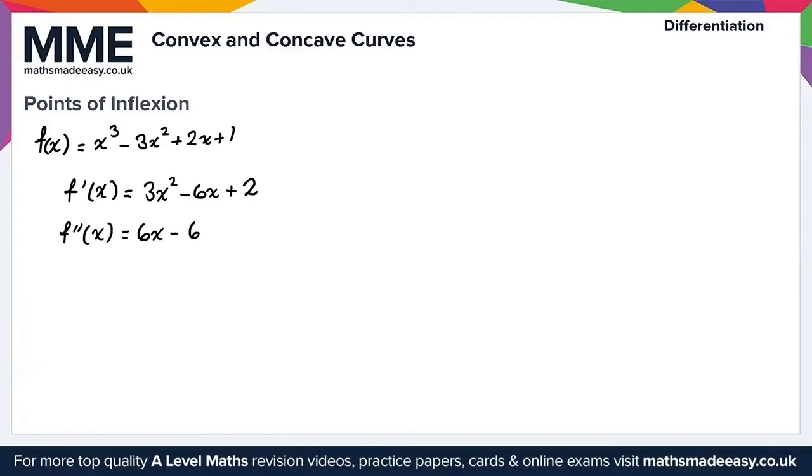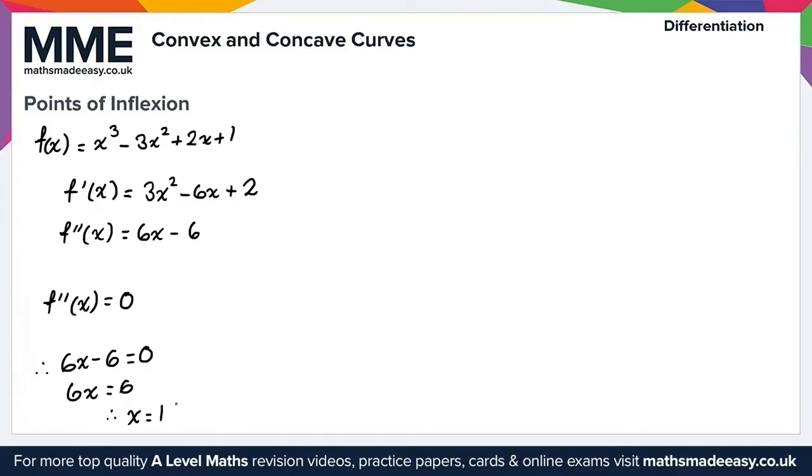So what we're looking for here is f double prime of x equals 0. If we set this equal to 0, so 6x minus 6 equals 0, and solve for x, we get 6x equals 6, and therefore x equals 1, just dividing both sides by 6.